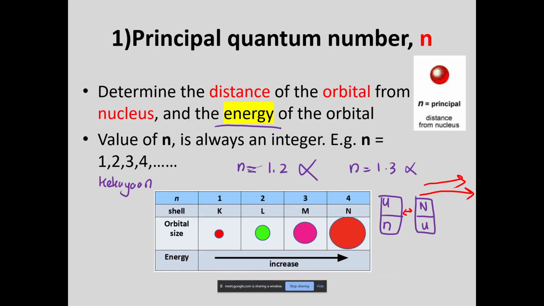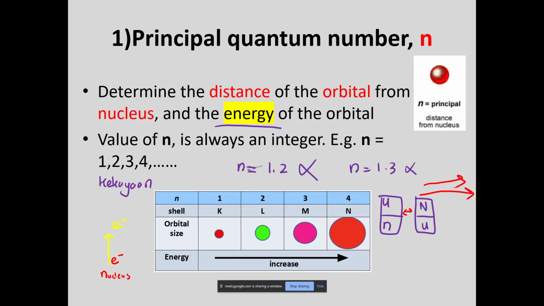So same thing as the principal quantum number. So imagine this is the nucleus, and this is the electron. Lagi banyak energy kita supply to this electron, lagi jauh lah kita boleh tolak dia kan.